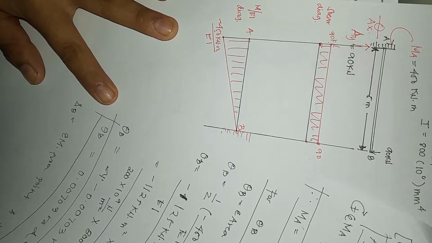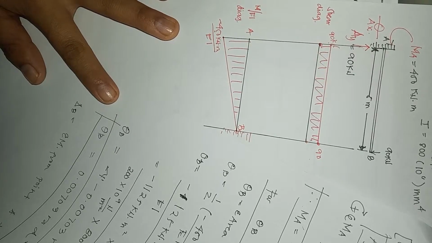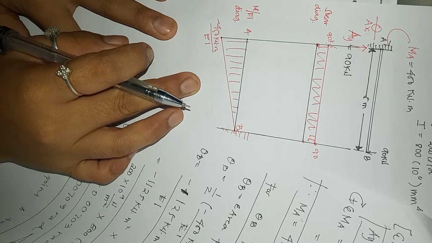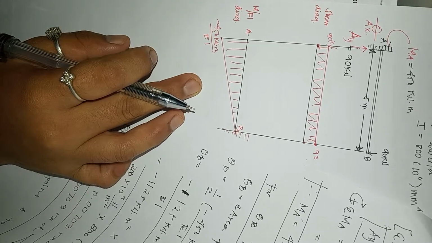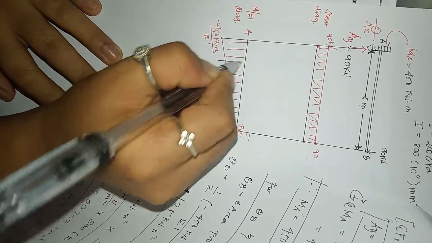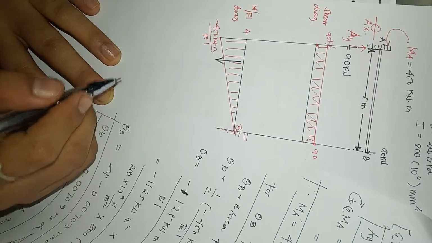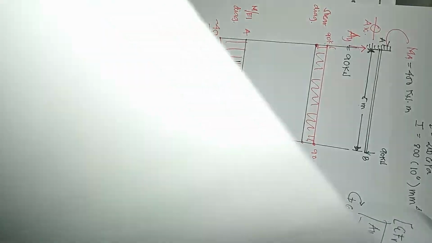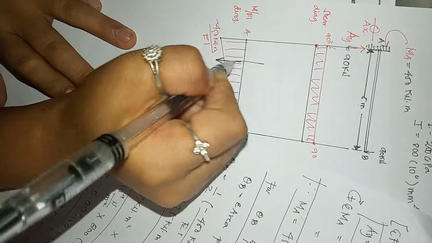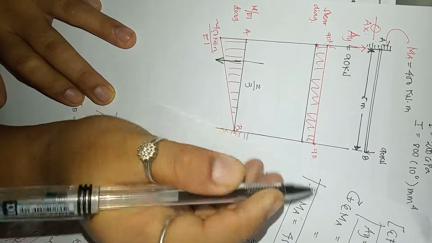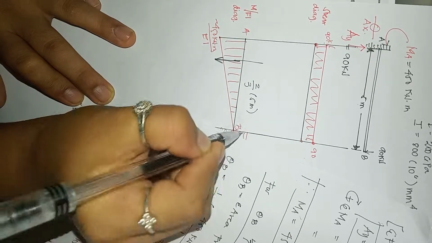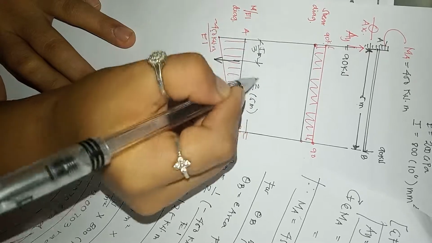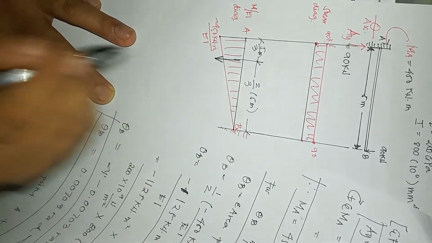So we are about to find the centroid of the triangle. As the sign convention, it is a negative M over EI diagram, so we have a downward load. The centroid is at a distance of 2/3 of the 5 meters, from the fixed end. That is the distance of the centroid.